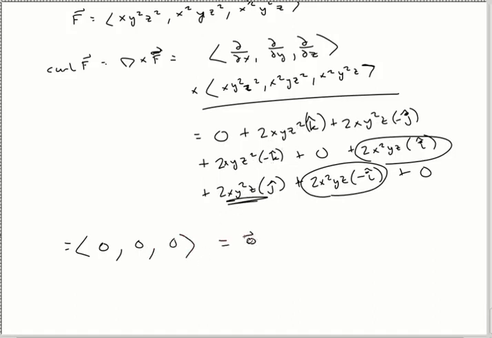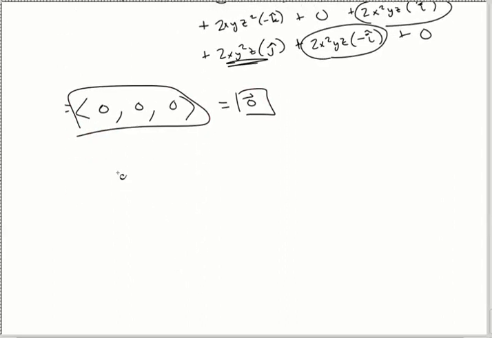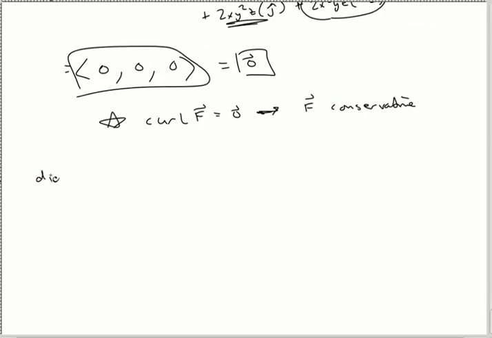Your answer here is actually the 0 vector, but this is also an acceptable answer in WebAssign. It's kind of funny because when you get this curl of f equal to the 0 vector, what it's saying is that your f is conservative, which I think we talked about in another lecture a while ago.